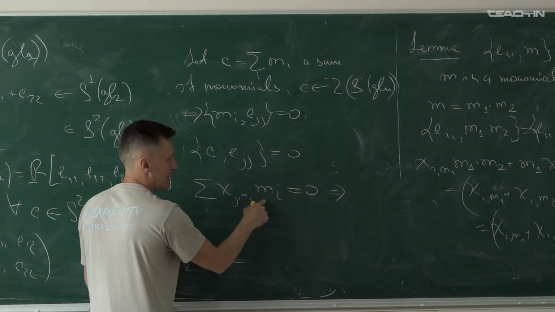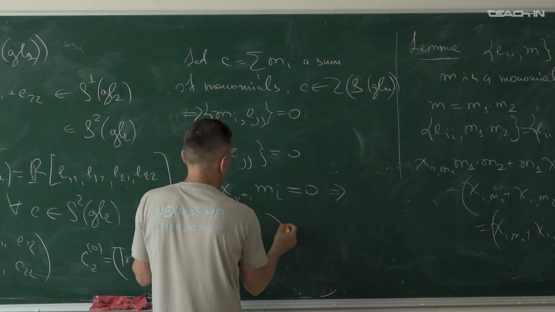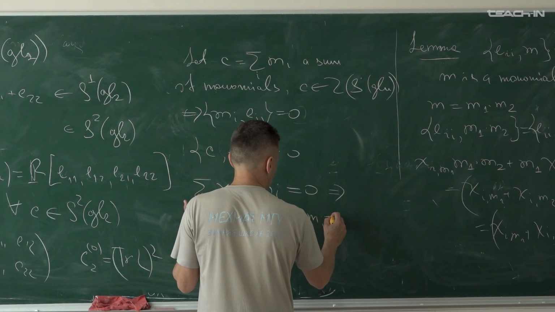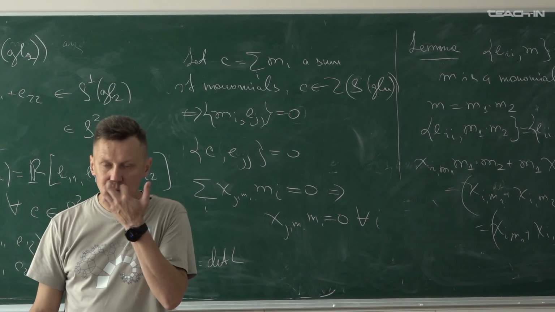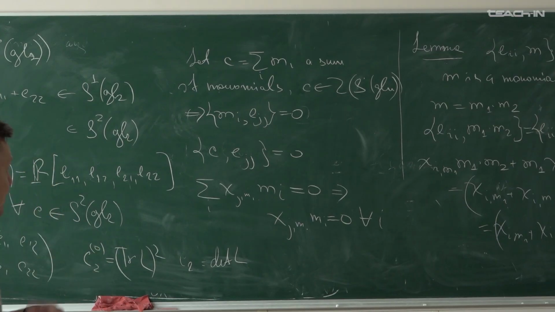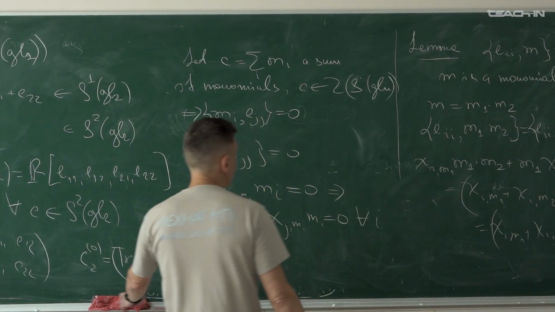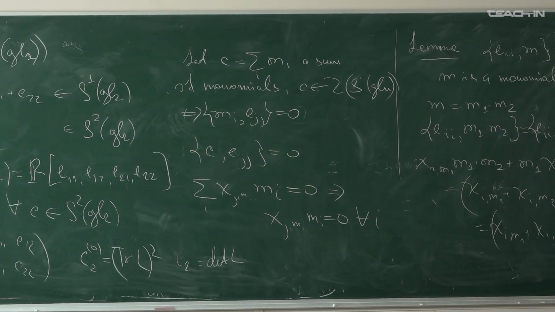So these monomials are linearly independent, and that's why each summand is 0, for all i. But the commutator of a monomial with the diagonal element is very simple to calculate.